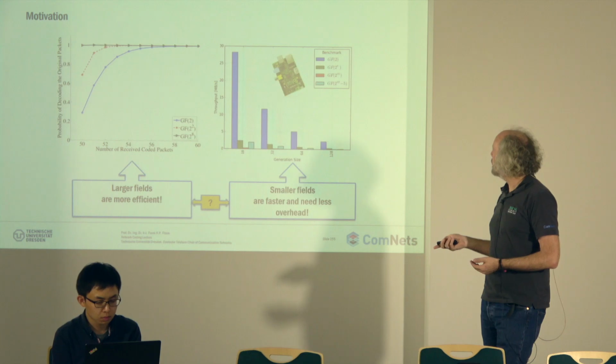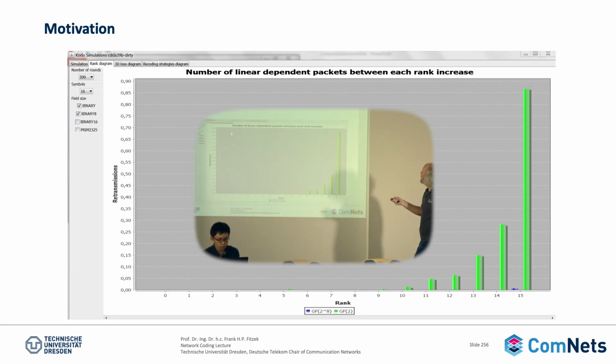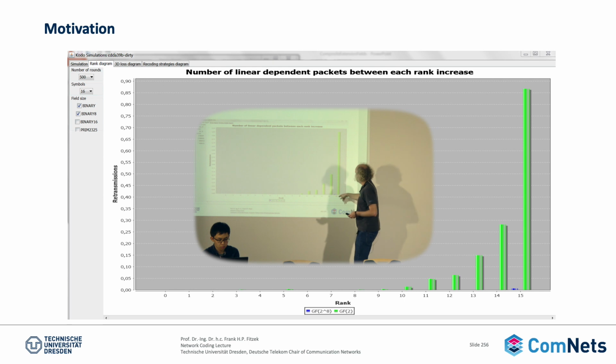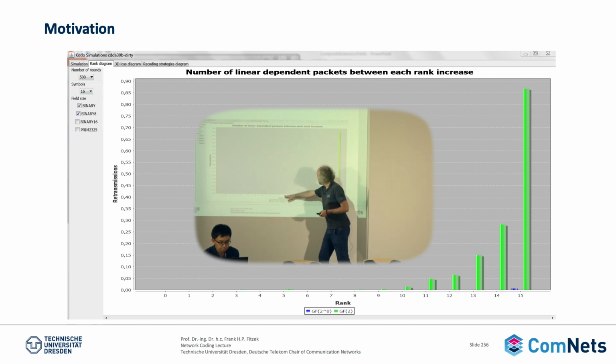And if you remember this plot, the number of linear dependent packets between each ring increased. This is the generation size of 16 packets. And the green ones are the probability that the packet is not usable. So in the beginning, everything was usable, and the risk of being not usable was high only in the end.